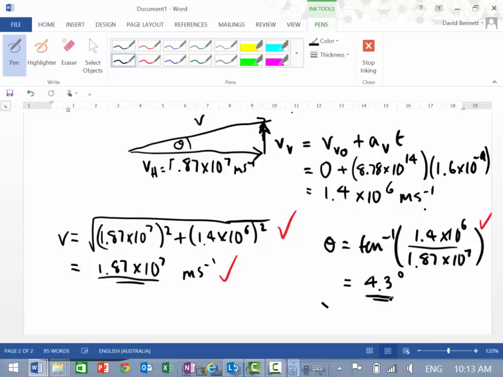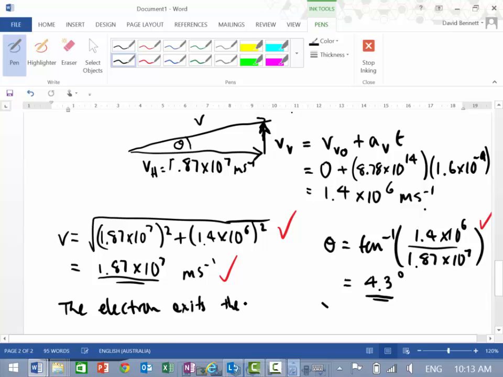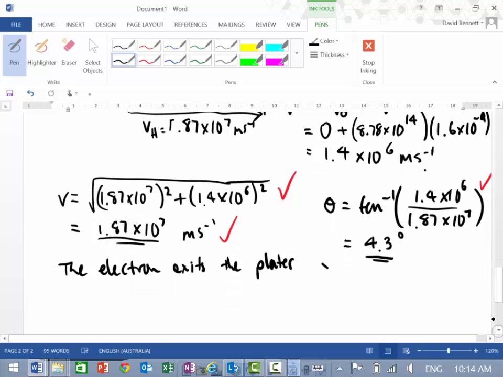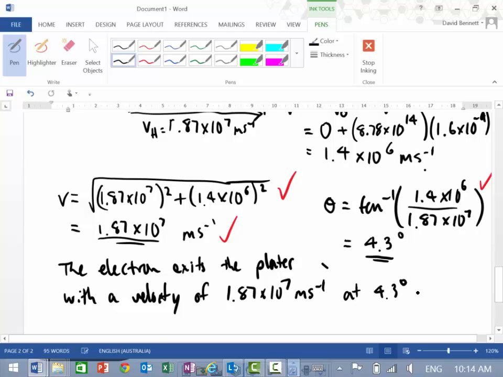So you should make a statement something like: the electron exits the plates with a velocity of 1.87 by 10 to the 7 metres per second at 4.3 degrees above the horizontal.